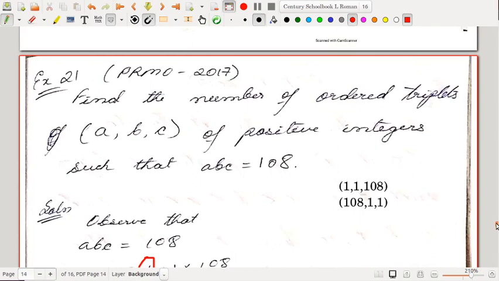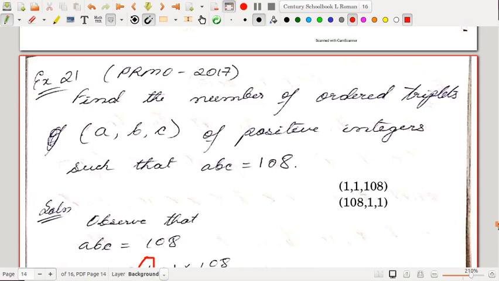And let me give you the answer also. As per the PRMO paper, the answer will be, just let me search PRMO. You can search it on the PRMO website as well.